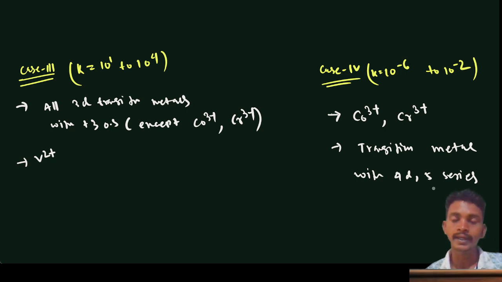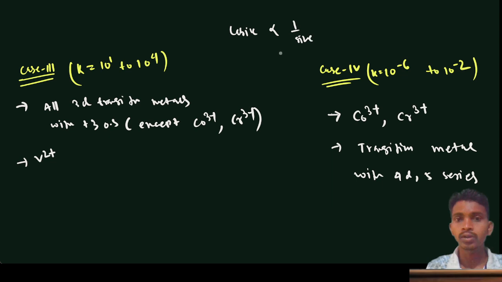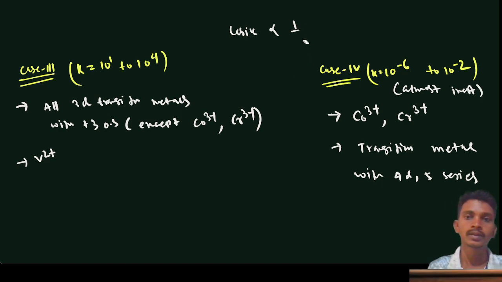If the size is high, then lability for transition metal complexes is inversely proportional to size, and also inversely proportional to charge. So if the size is high, then lability will decrease. So these are the high size. So all this falls in this case. This is almost inert.